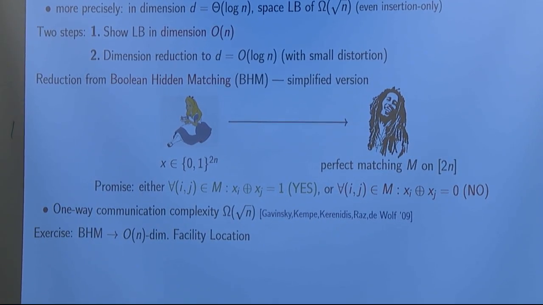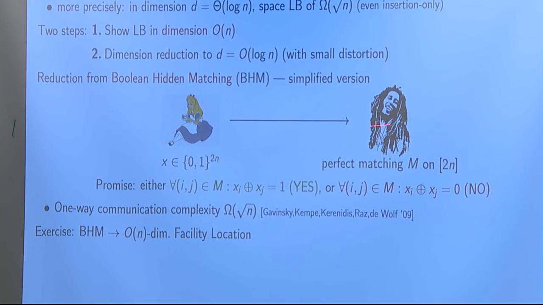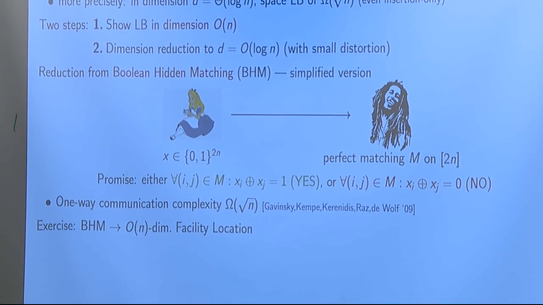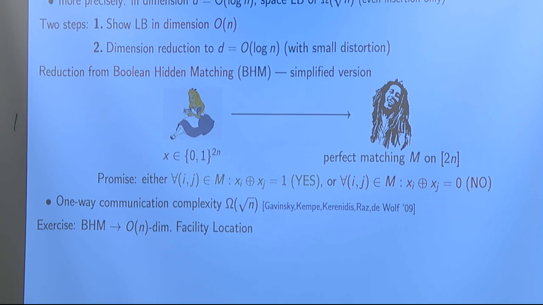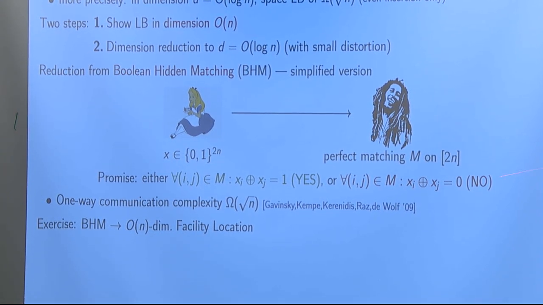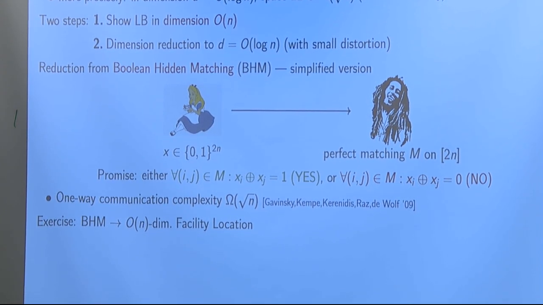It's actually a slightly simplified version, but it doesn't matter. Using sampling, you can get square root of n communication, and this is actually tight. So it means Alice needs to send at least square root of n bits to Bob, so that Bob can determine whether it's a yes instance or a no instance.